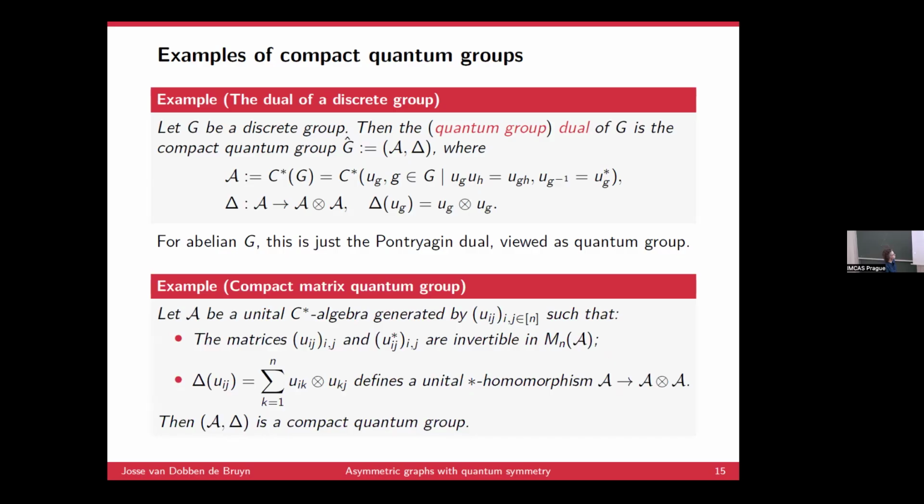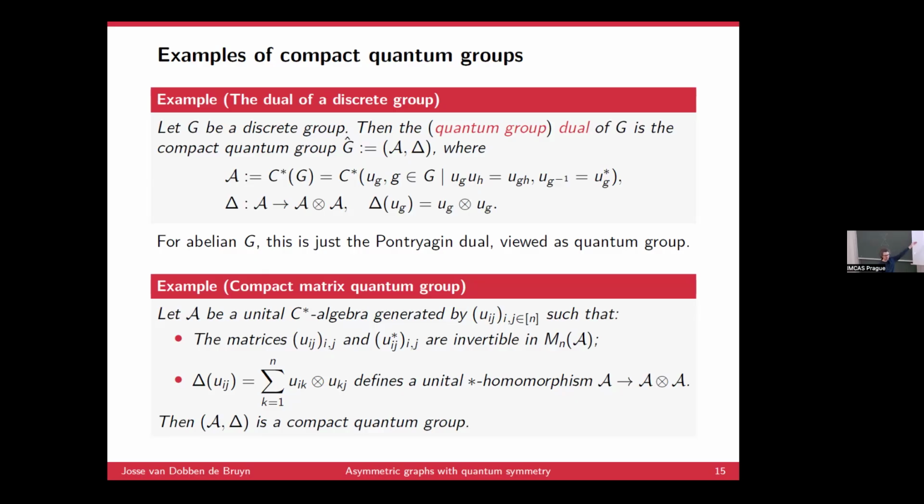Second example, also going to be important for us, is compact matrix quantum groups. So we have some unital C-star algebra A generated by a square of entries in A, u_ij, such that if you put these entries into a matrix, then it is actually an invertible matrix in the C-star algebra of n by n matrices over A. And this map delta that sends u_ij to this kind of co-product defines a unital star homomorphism.